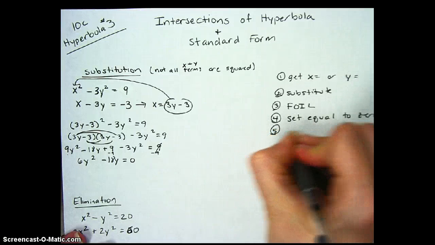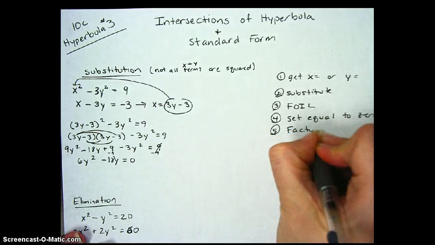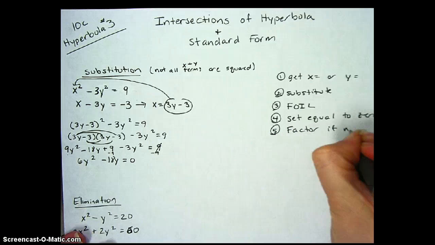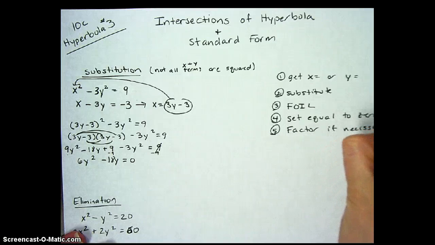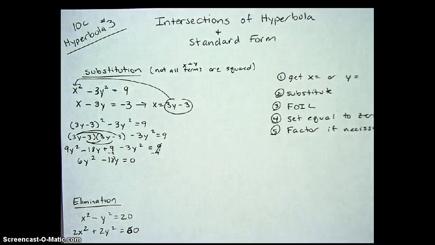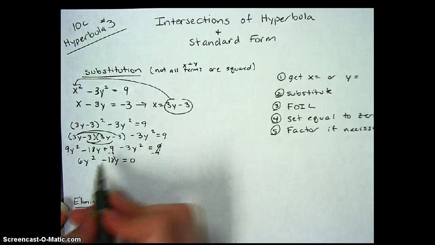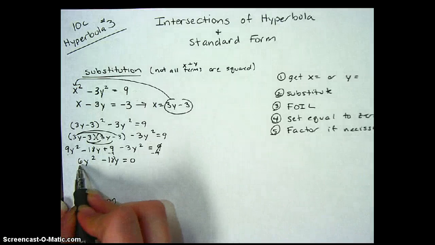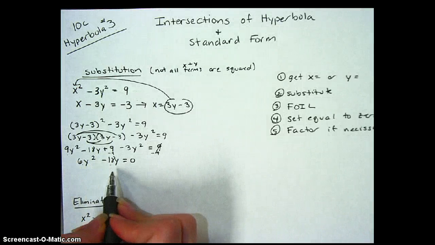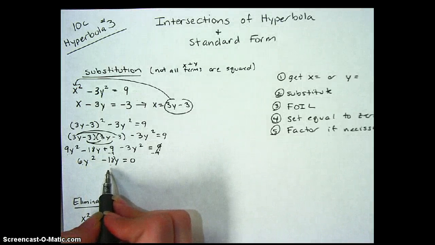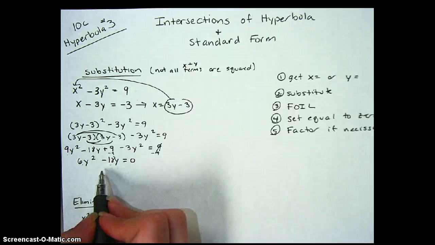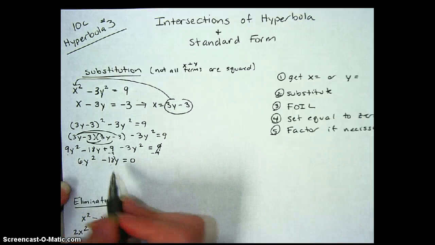Step 5 would be to factor, if appropriate. Okay, in this problem we still have a square term, so we're going to have to factor. We always look for something in common first. If you notice, both of these divide by 6. They also both have a y term. So since we're trying to get 2 linear y terms, we're going to factor out that y as well.